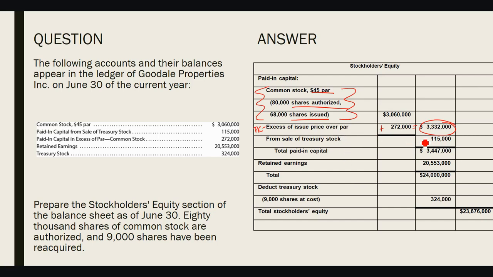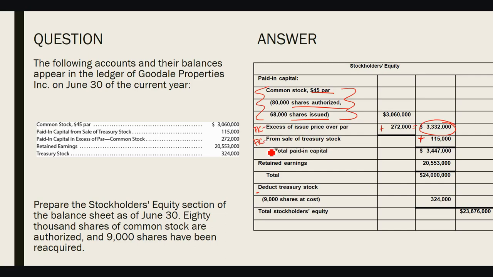And so remember, from the sale of treasury, that's what came in. Now, the amount of value that was reduced from treasury because we purchased 9,000 shares in the open market is listed after retained earnings. So we see it further down. Because remember, this is your PIK account from the sale of treasury stock.